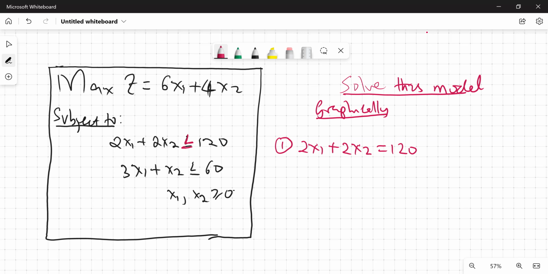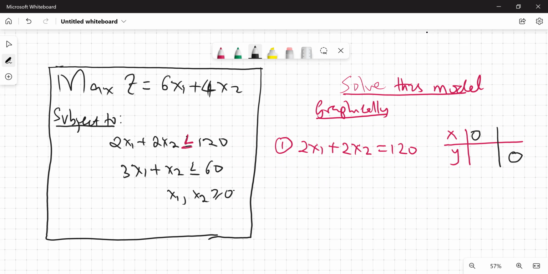In order to draw a straight line, you just need 2 points. A convenient way of doing that is to set x to 0 and find the value of y, and then set the other variable to 0. Unless the line is passing through the origin, you are likely to get very good points.